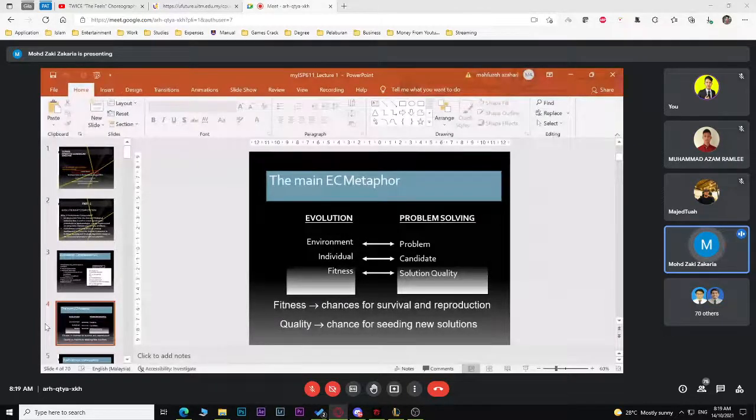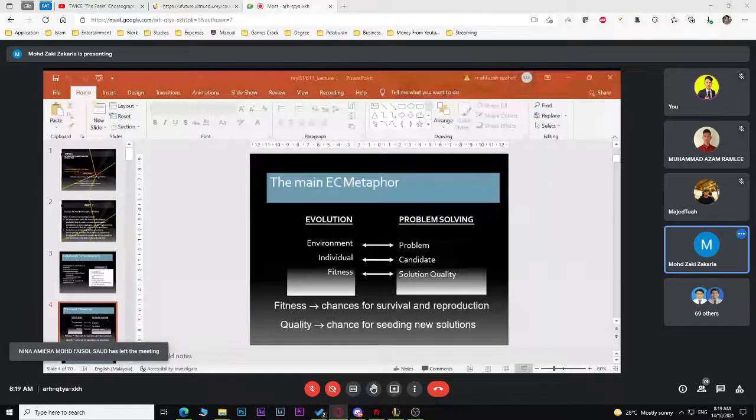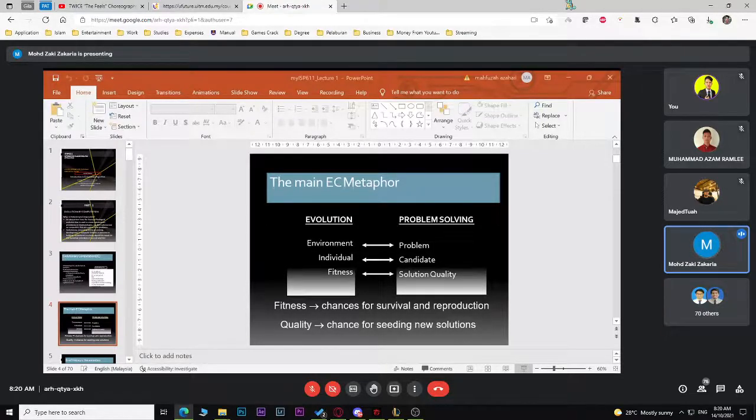Okay. So based on this, I repeat. For example, if we have a problem like student timetabling, how to manage the schedule for student classes, we need to know the details of the problem.